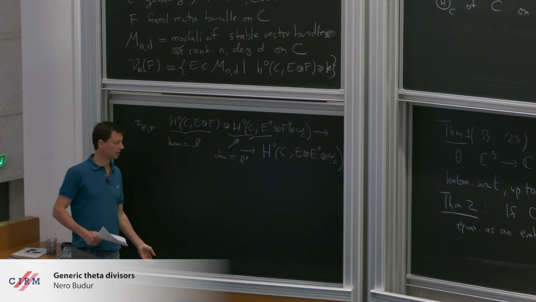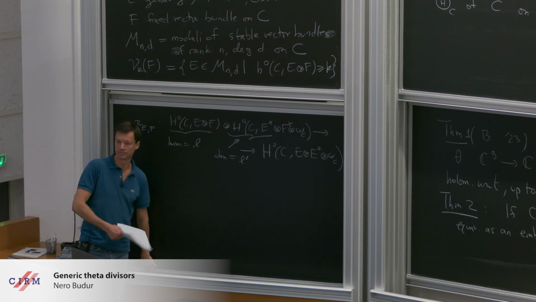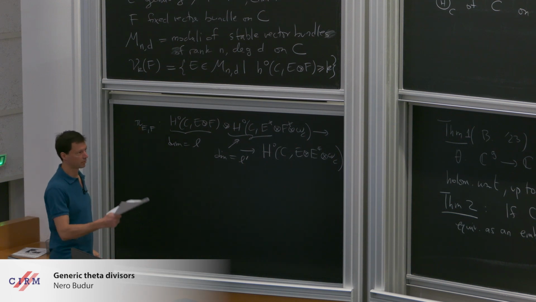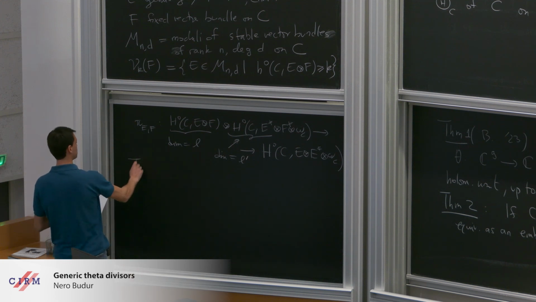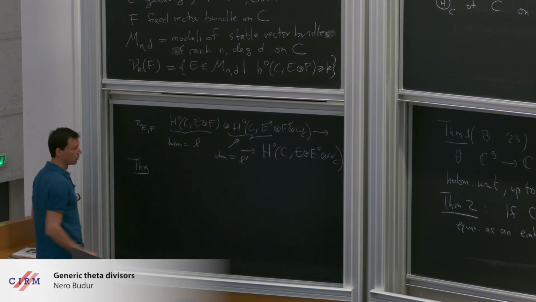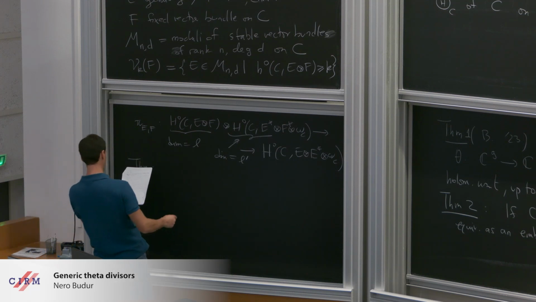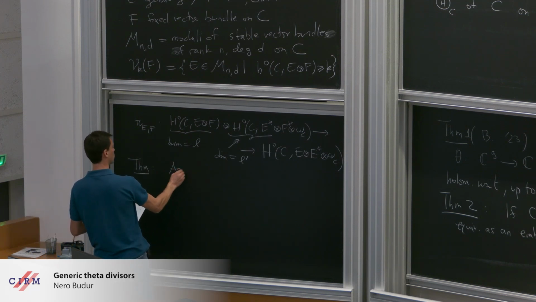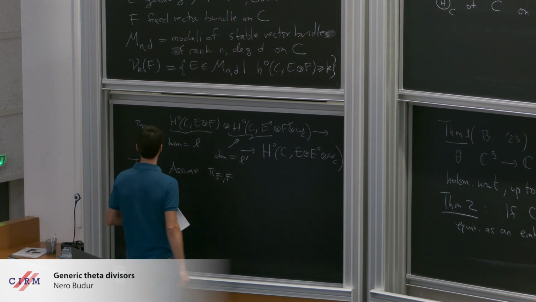It doesn't have to be square anymore; it's going to be rectangular in general, just like for other Brill-Noether loci. And then the theorem. We replace the genericity of the curve with the injectivity of the Petri map. So assume the Petri map is injective.